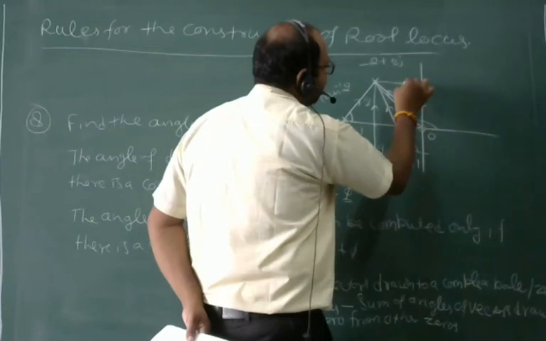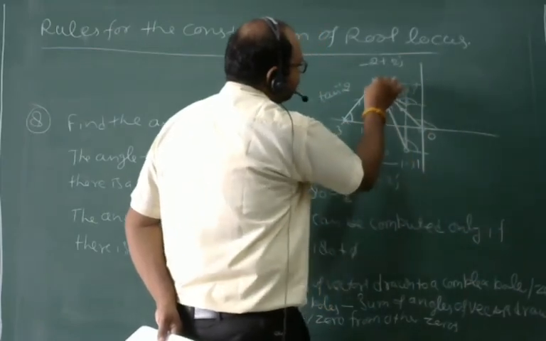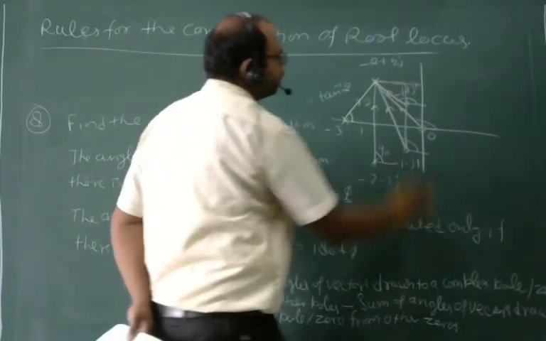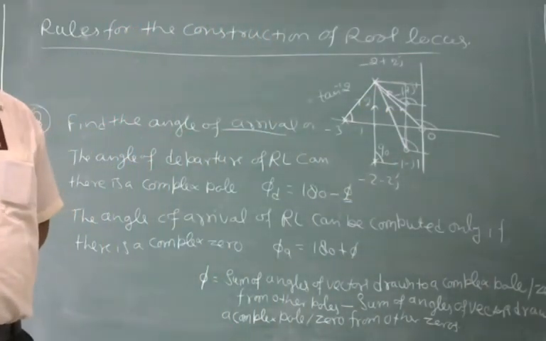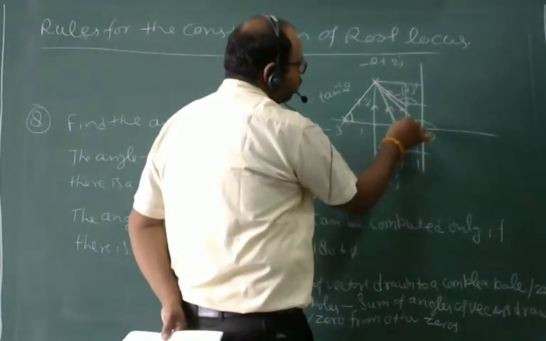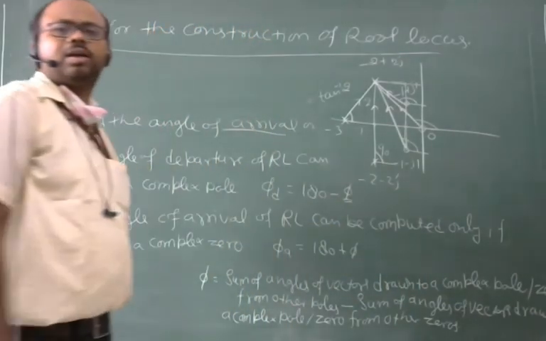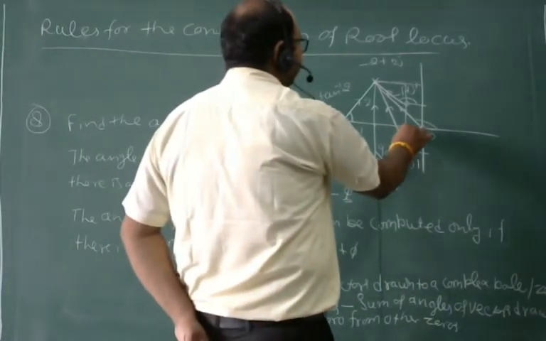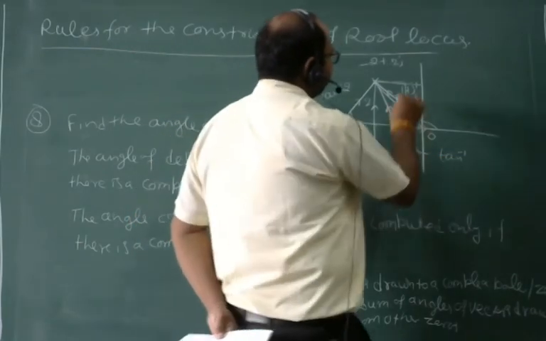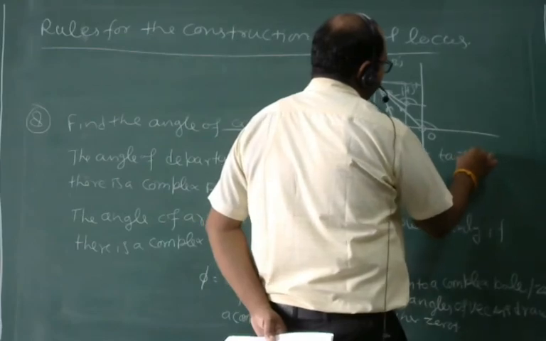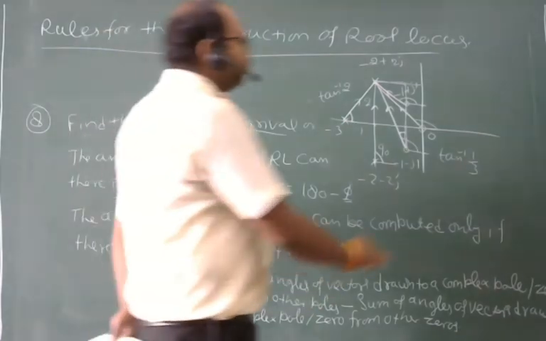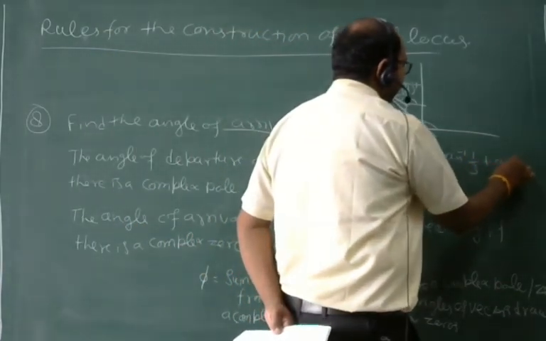And this is minus 2, so this difference is 1, and this one is 2 and 1, 3, so this angle will be tan inverse 1 by 3 plus 90 degree.